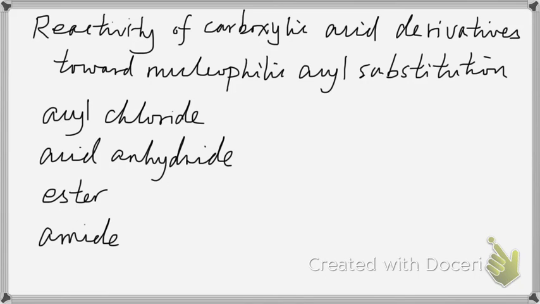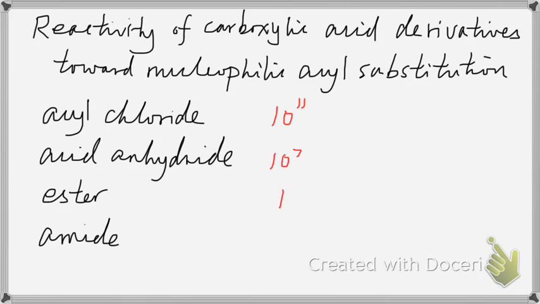For acyl chloride, acid anhydride, esters, and amide, if we take ester as our standard, suppose the reaction rate for ester is 1, then the acid anhydride reaction rate will be 10 to the power of 7th. So acid anhydride will react 10 to the power of 7th faster than esters.